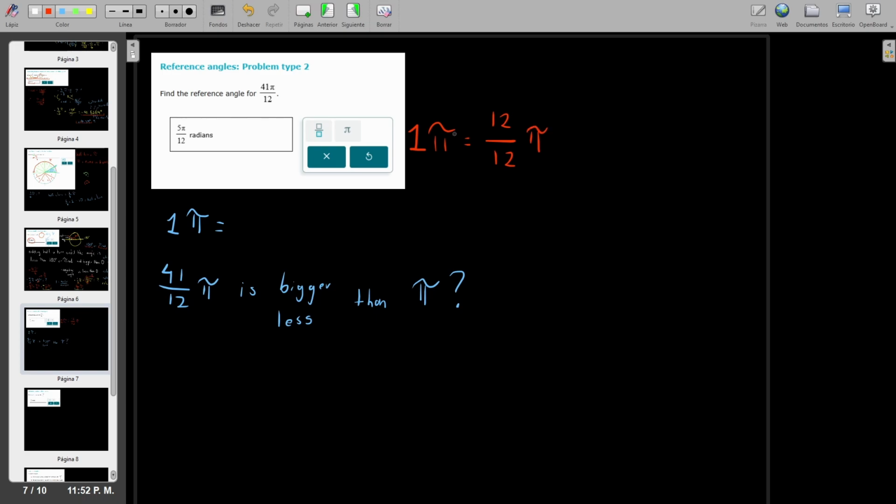So is 41 over 12 pi less than 12 over 12 pi? The answer is no. It is not less, it is not smaller, so we need to be subtracting. Why? Because remember what I said?